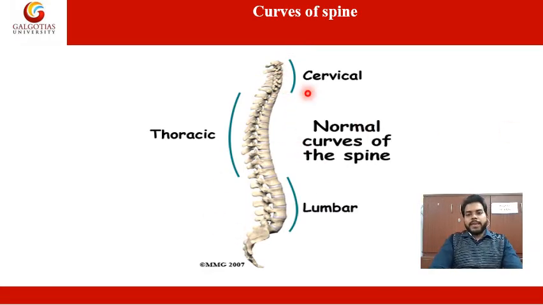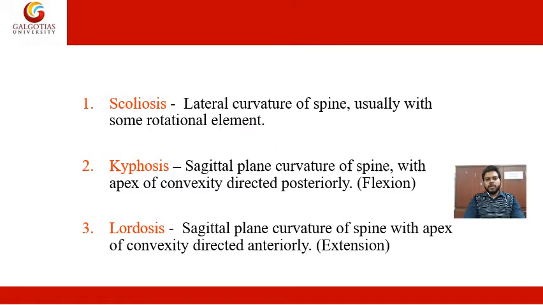The curves of the spine we have already discussed: cervical lordosis, thoracic kyphosis, lumbar lordosis and sacral kyphosis. Here are some abnormal deformities of the spine. The first one is scoliosis. Scoliosis is a lateral curvature of the spine, usually with some rotational element.